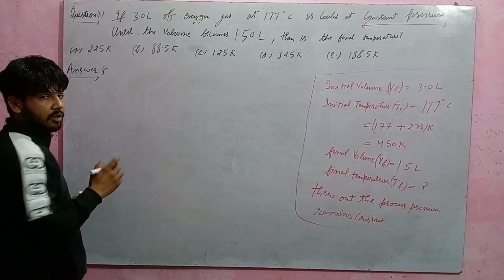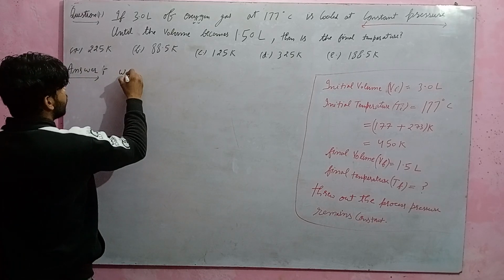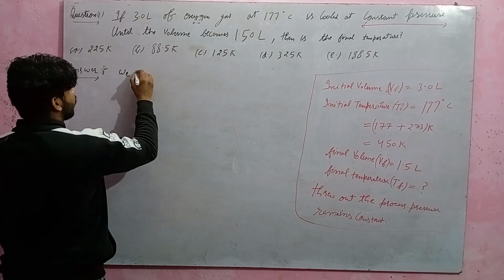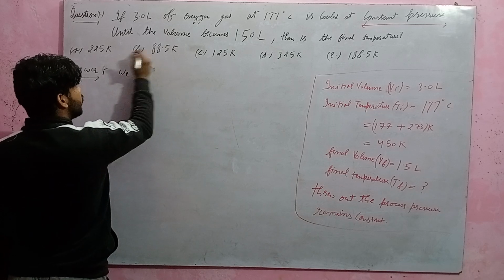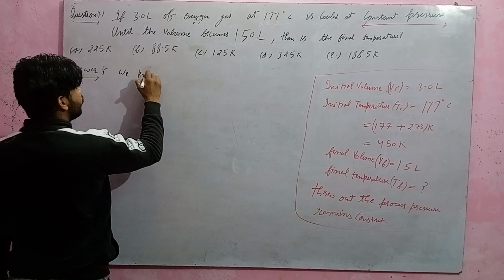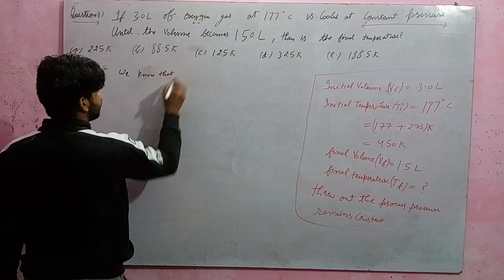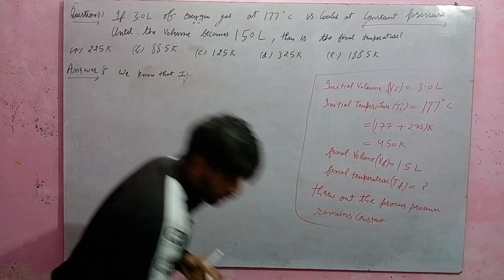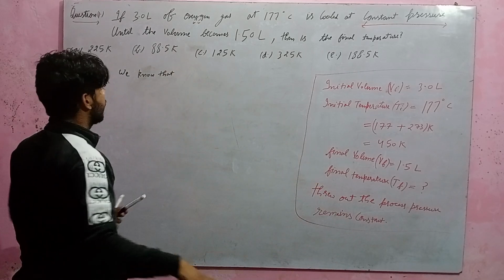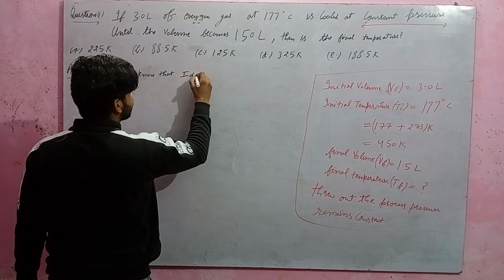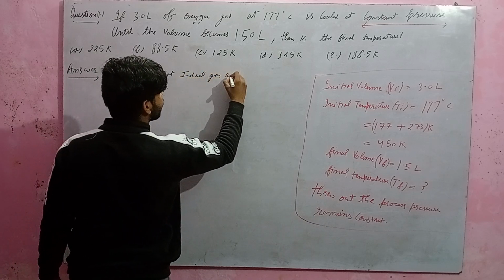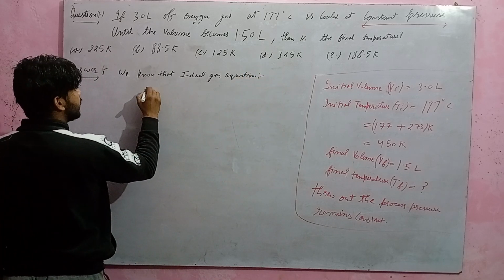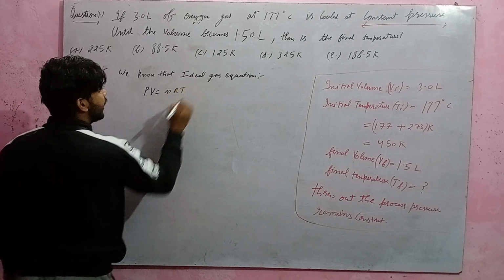We know that according to the ideal gas equation, PV equals nRT.